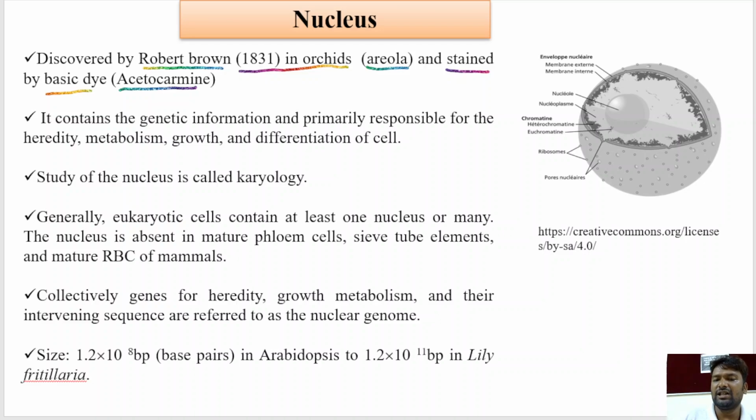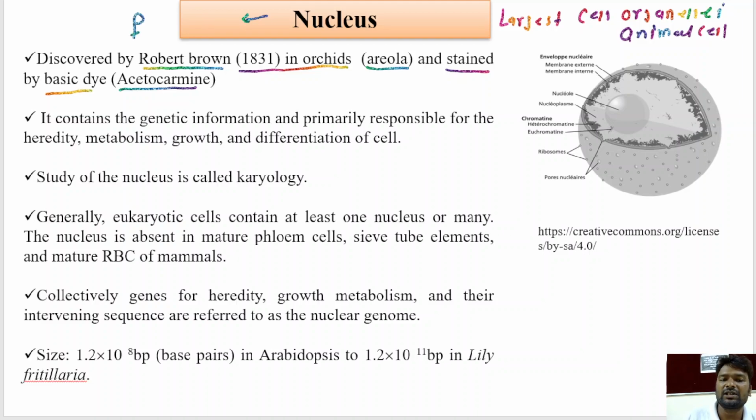The nucleus is the largest cell organelle in animal cells. But in the case of plant cells, the largest cell organelle is the chloroplast. Also, friends, the nucleus is the first organelle to be discovered so far.